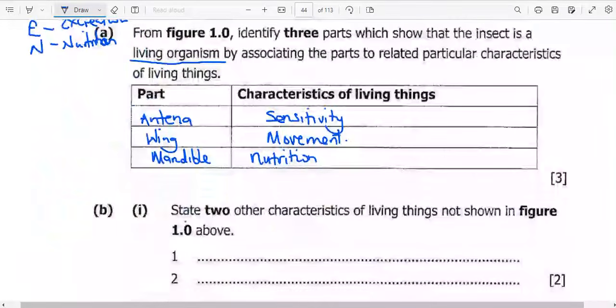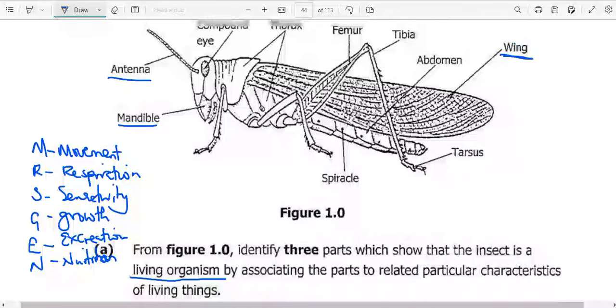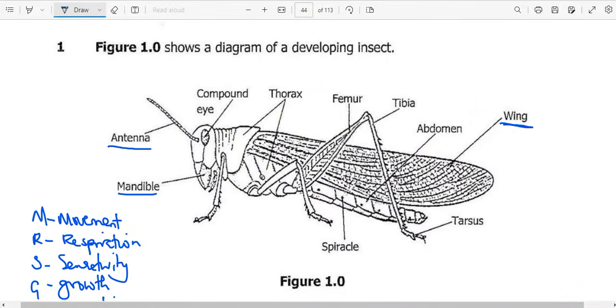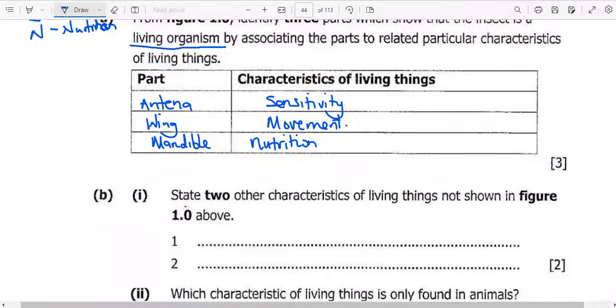The first one that we can observe is excretion. We can't see anywhere where the insect excretes, but because this is a living organism, there will come a time after it has taken in food when obviously it should excrete. So one of the characteristics not shown here is excretion.